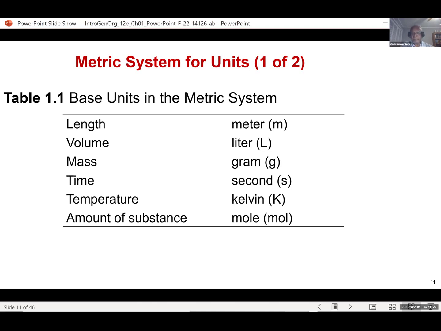The amount of substance is measured in mole. Amount of substance is the one that we use in chemistry. How many base units are there in the metric system? 7.